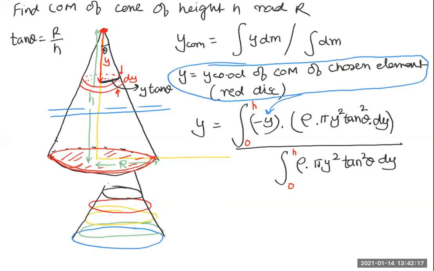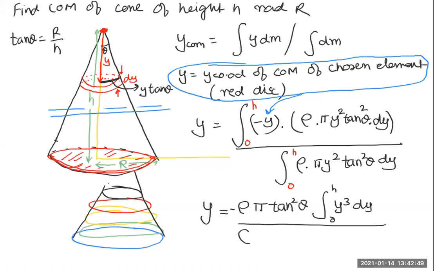We are just trying to find the location of the center of mass. So y is equal to the integration of y times rho pi tan square theta, remember tan theta is a constant, y cube dy from 0 to h, whole divided by rho pi tan square theta times the integration of y square dy, 0 to h.